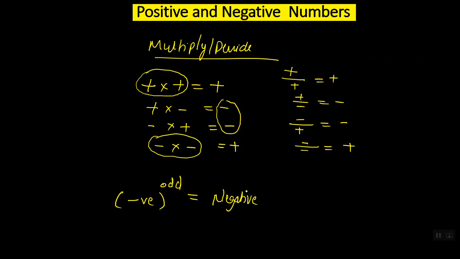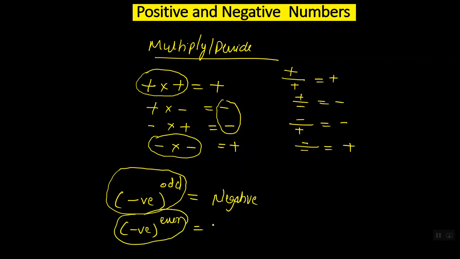So a negative number with an odd power is negative. And I'm talking about the sign of this entire result. Don't get confused: the sign of a negative number to the odd power, the sign of the result, is negative. A negative number to the even power, the sign of this entire result is going to be positive.